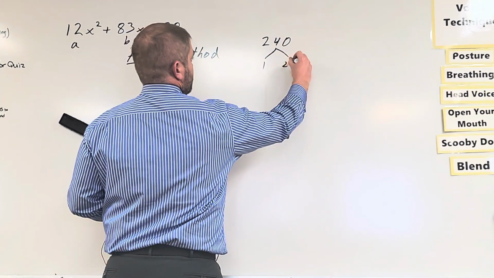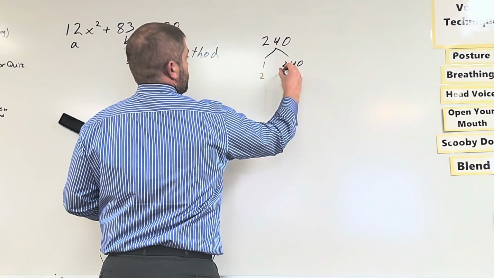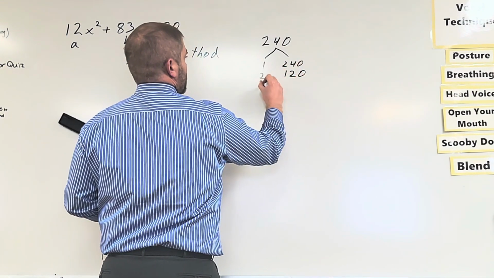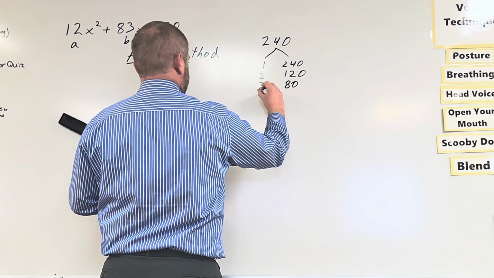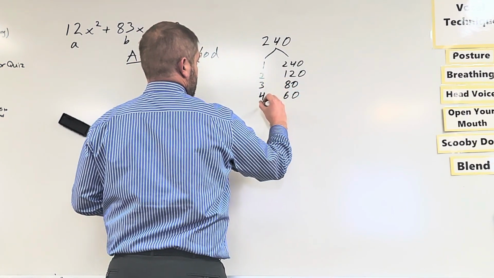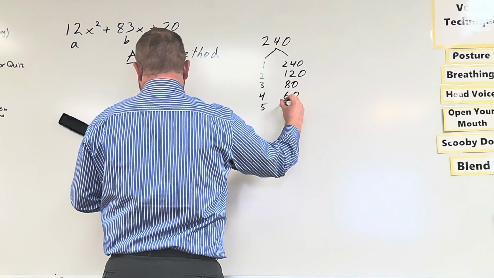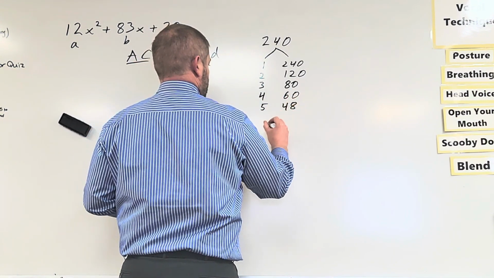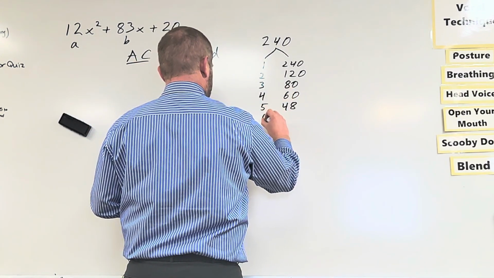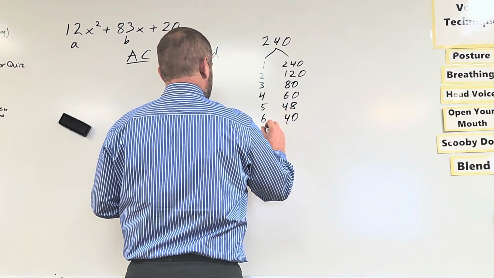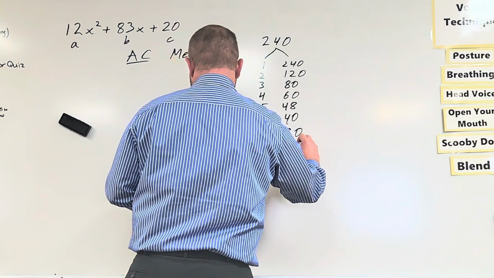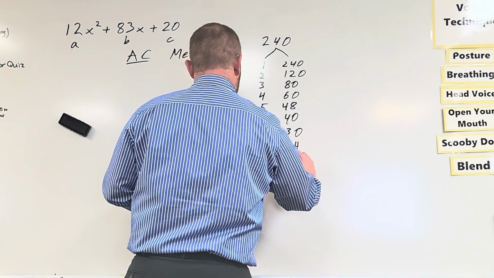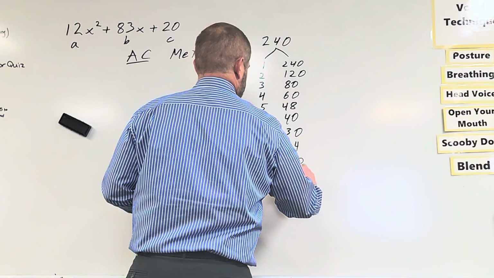So 1 and 240, 2 and 120, 3 and 80, 4 and 60, 5 and 48, and so on. You just work your way down. 6 and 40, 8 and 30, 10 and 24, 12 and 20, 15 and 16.